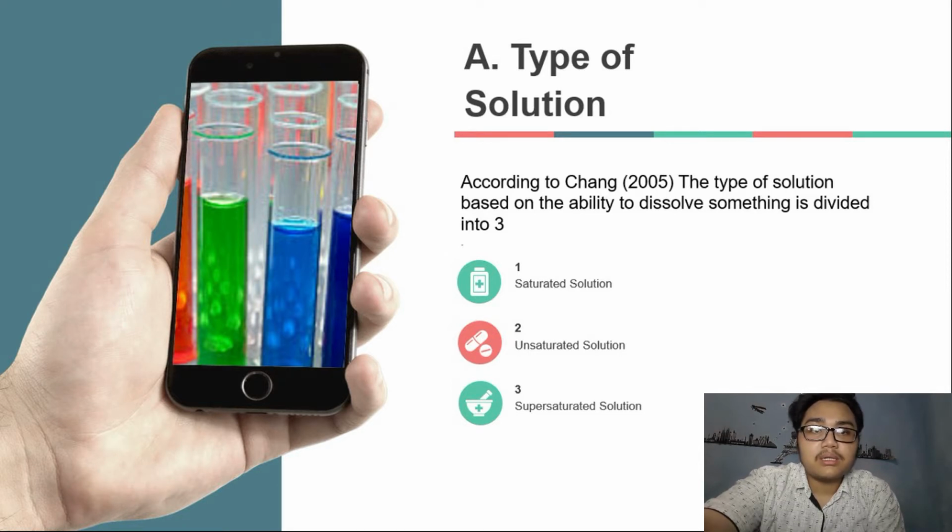Second one, unsaturated solution is a solution that contains less solute than its ability to dissolve. The third one, supersaturated solution, is a solution that contains more solute than is contained in saturated solution.